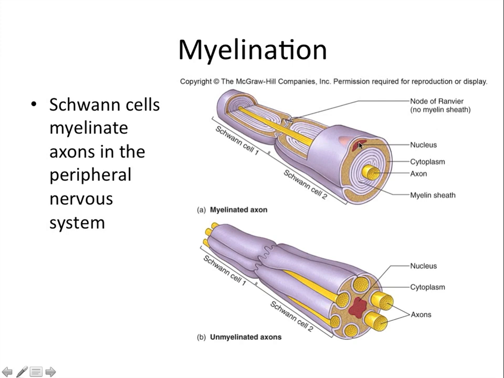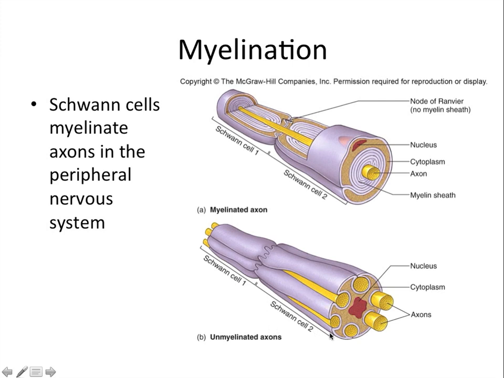You can see the nucleus of the Schwann cell here, and you can see the myelin sheath that the Schwann cell is actually producing. And so you can see that this exists in the myelinated axon, and you can see that Schwann cells exist in the unmyelinated axon.